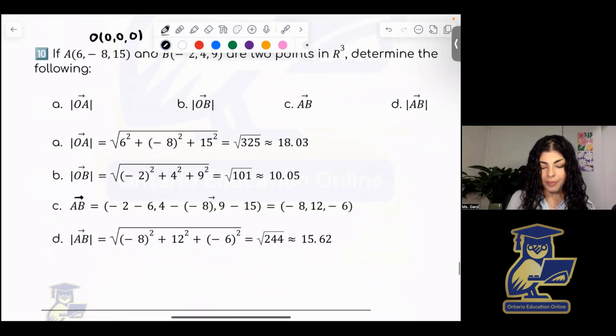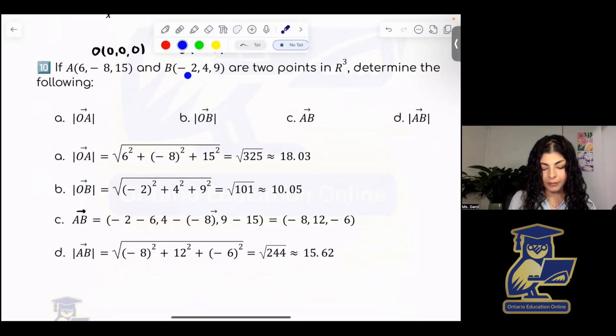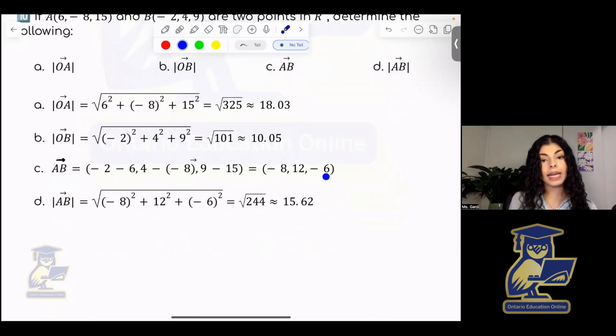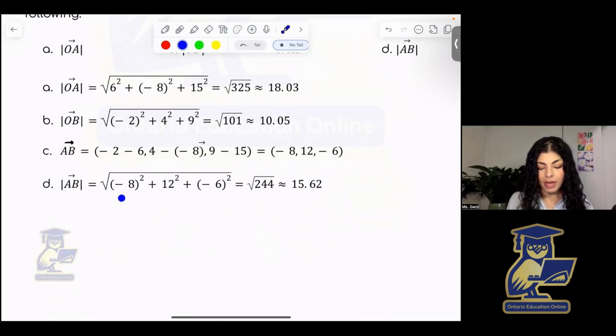We start with B: -2 minus 6, 4 minus -8, and 9 minus 15, which gives us -8, 12, and -6. And now the magnitude will be -8 squared plus 12 squared plus -6 squared, and the square root of 244 is approximately 15.62.